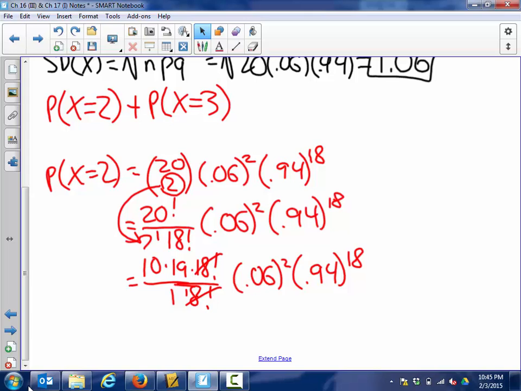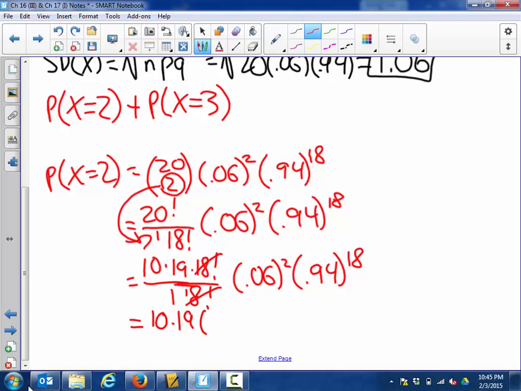So the probability that of 20 people you have 2 that have this O negative blood type would be, let's do 0.06 squared times 0.94 to the 18th, and I find 0.00118.